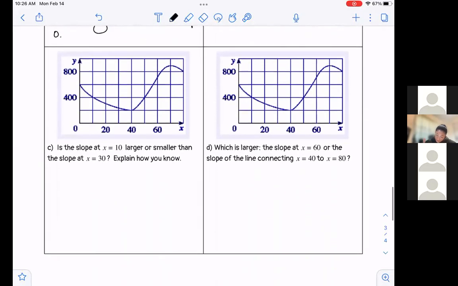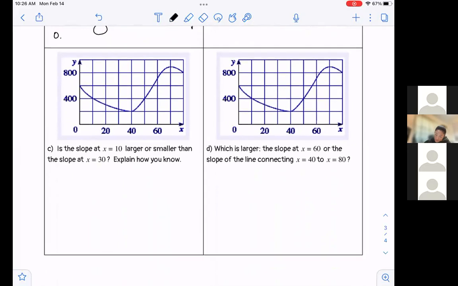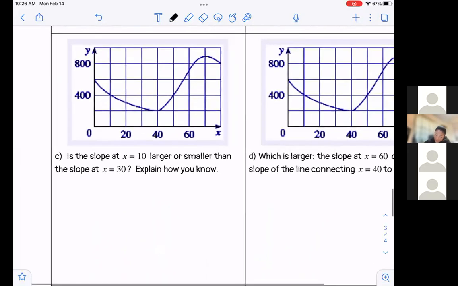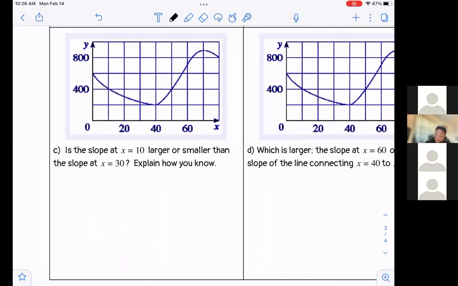All right, so let's take a look at these last 2 questions here. Is the slope at X equals 10 larger or smaller than the slope at X equals 30? Explain how you know. So let's think about that a little bit.